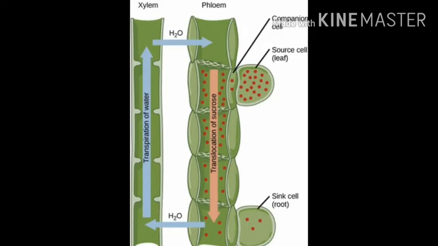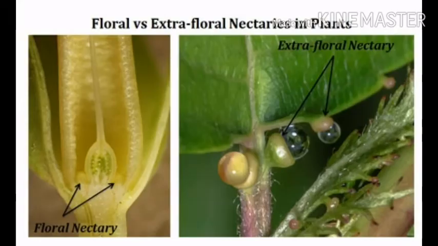Now companion cells are attached with sieve tubes and connected to them through pores. These are small with dense cytoplasm and not available in all plants. The exceptions, where they are not found, are ferns and pines.